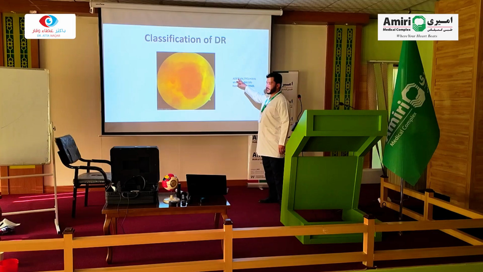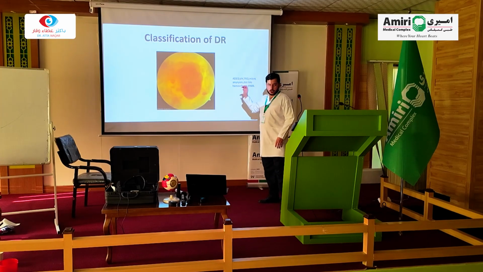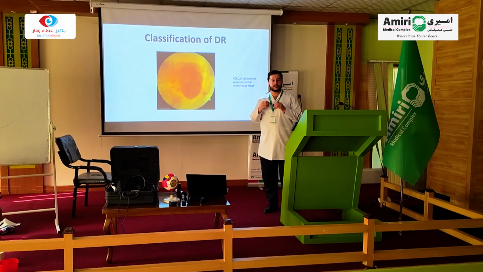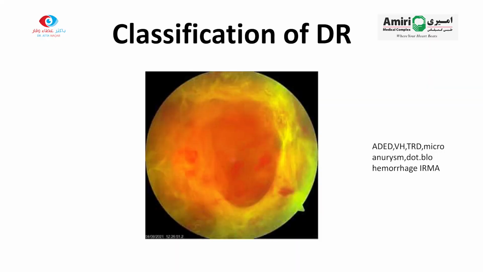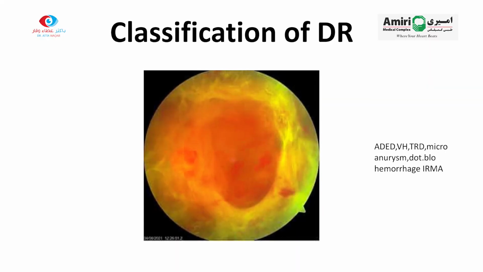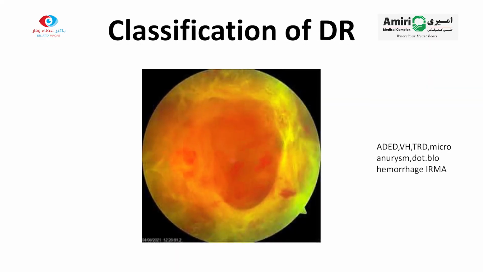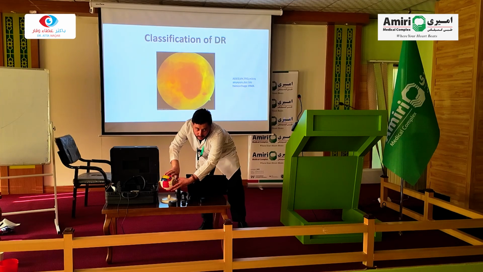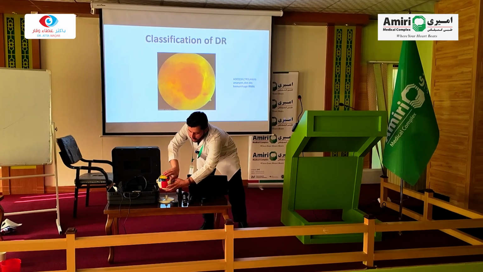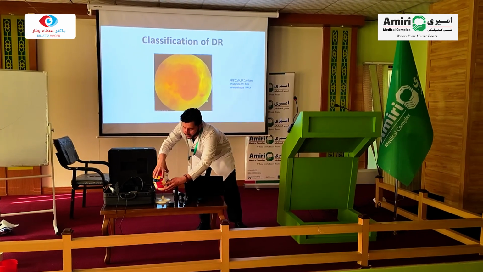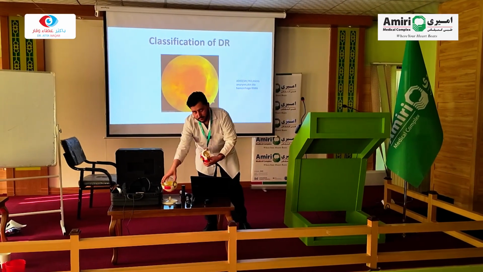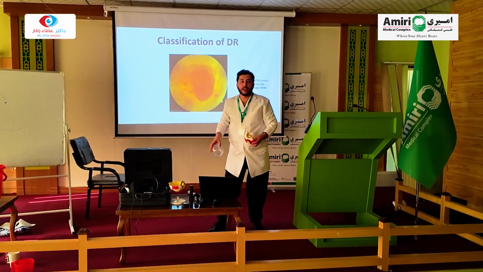In advanced diabetic eye disease, there will be vitreous hemorrhage, there will be tractional retinal detachment. You know that we have a retina, it is attached with the vitreous. How many years does the patient go from normal to PDR? It depends on the factors, whether the diabetes is controlled. It depends on the patient.